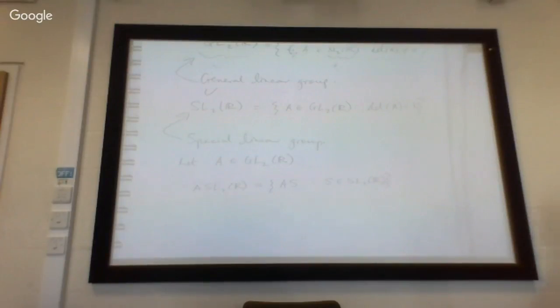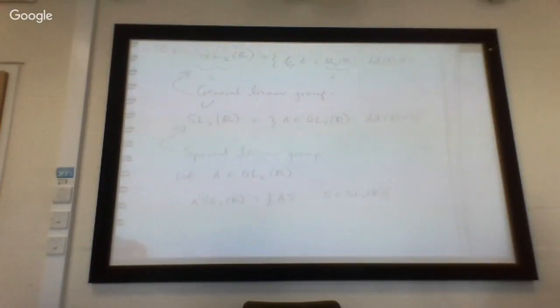What's the determinant of such a matrix? So the determinant is the membership criterion, the kind of sorting device. If A is in GL2R and S is in SL2R, what's the determinant of the product?